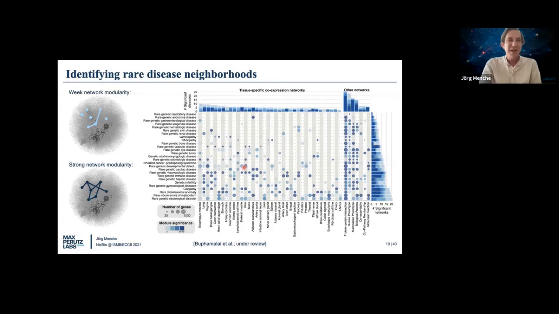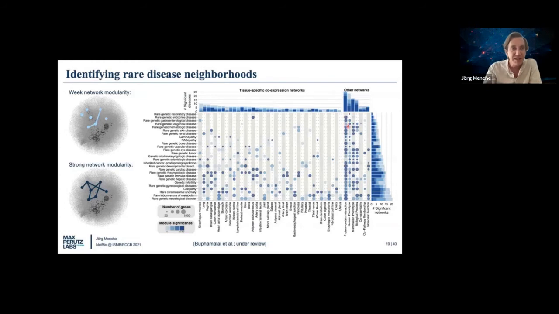There is incredibly a lot of information in this plot. I would just like to highlight two take-home messages. The first one is that by aggregating individual rare diseases, for which information is typically very scarce, into groups of similar phenotype, we can actually recapitulate the same network characteristics as for complex diseases.